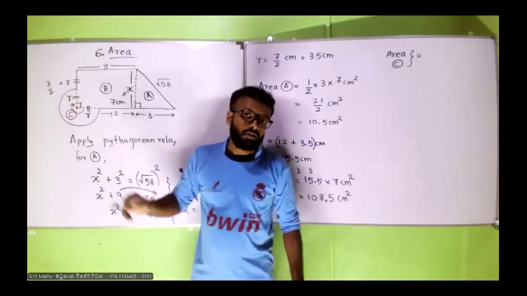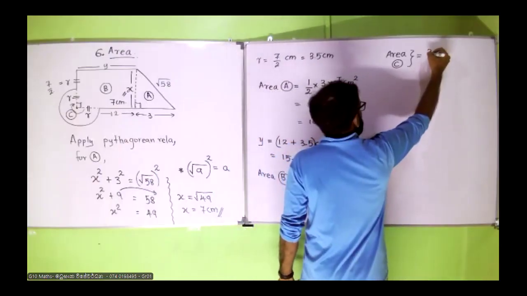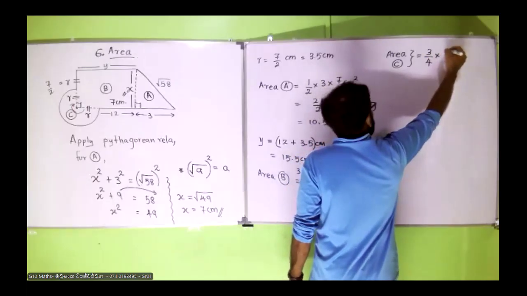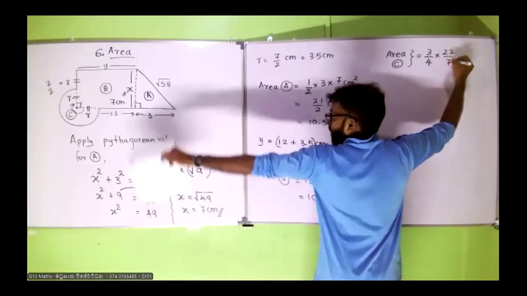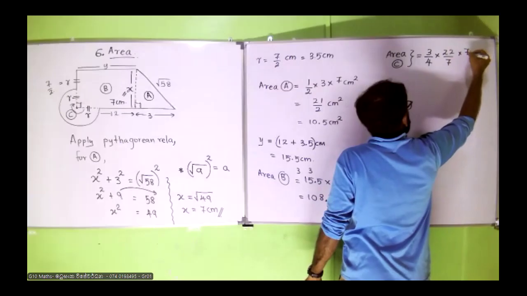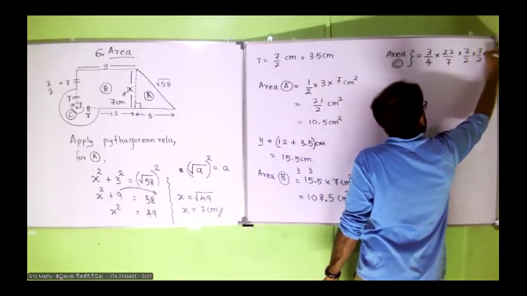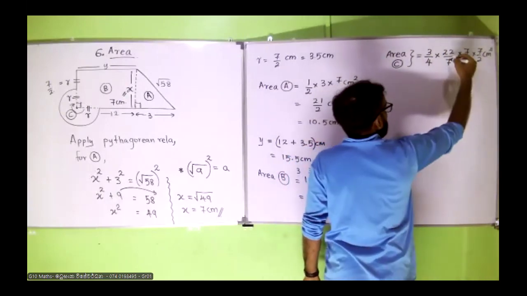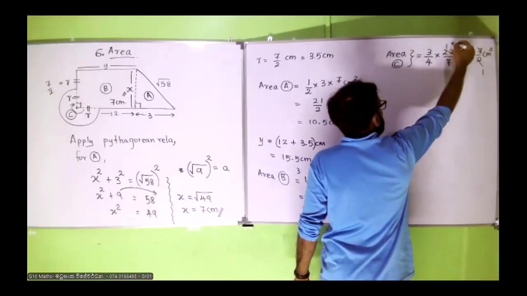That means the portion is 3 upon 4 of the circle, multiplied by pi r squared. Pi means 22 upon 7, r is 7 upon 2, multiplied by 7 upon 2, square centimeters. Correct? Simplify. 7 into 7.